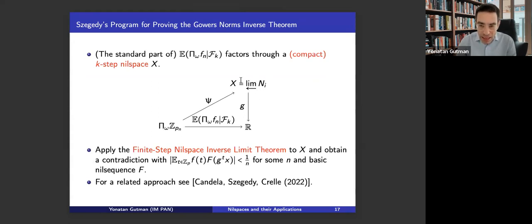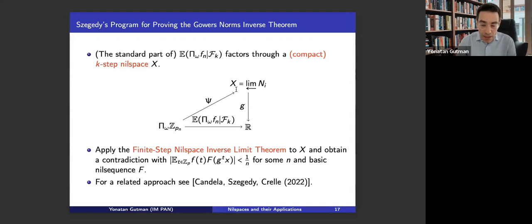One of the structural results that he was able to prove for these objects was that it's inverse limits of Nilspaces. And using the fact that such a projection factors through a Nilspace and the structural theorem, he was able to achieve the contradiction. So he was able to prove the theorem.